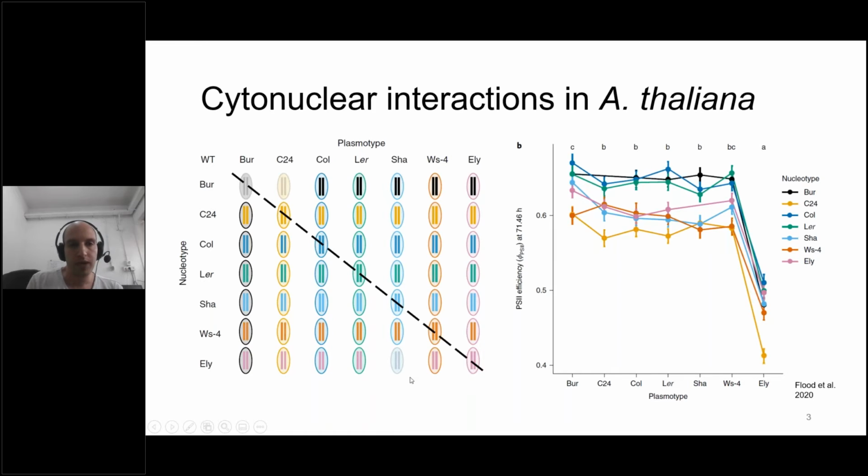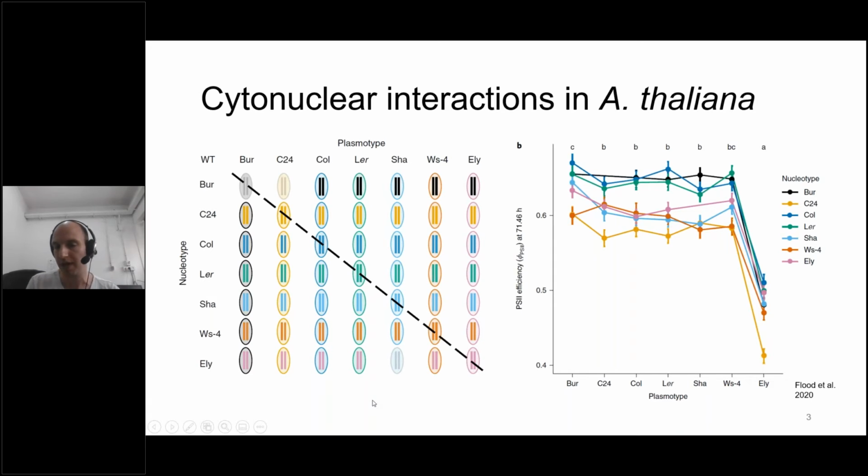And using transgene technology, they took all of those accessions and each time replaced the nucleotype and the plasmotype. They called them hybrids, and it follows kind of a diallel design.